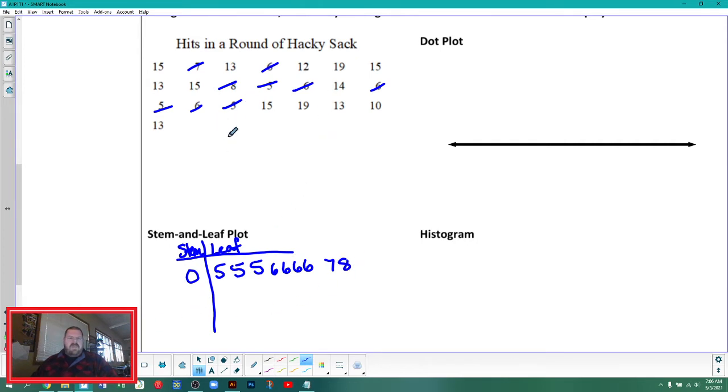For my tens, this looks like the other half of the numbers. Oh, yeah, I missed one. I do have a 12. I even have a 10. So I've got a 10.